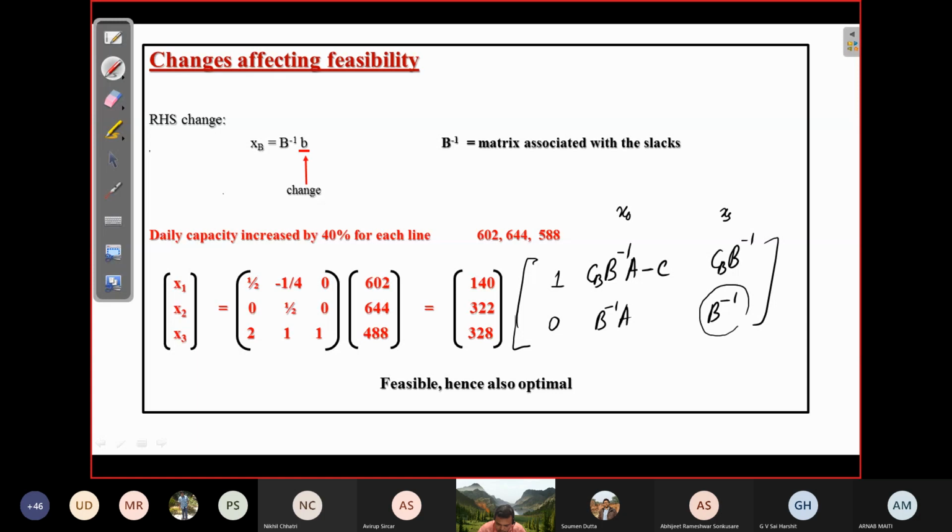Here. In any table, you look at the coefficients of the slack variables in the constraint rows and you will get B inverse. So you don't have to particularly look at the base and take its inverse. If you do that, you will get the same B inverse.